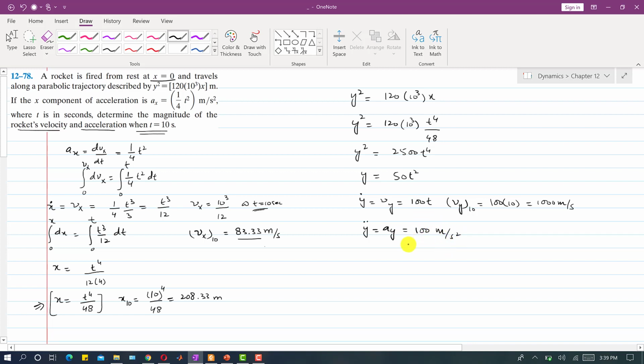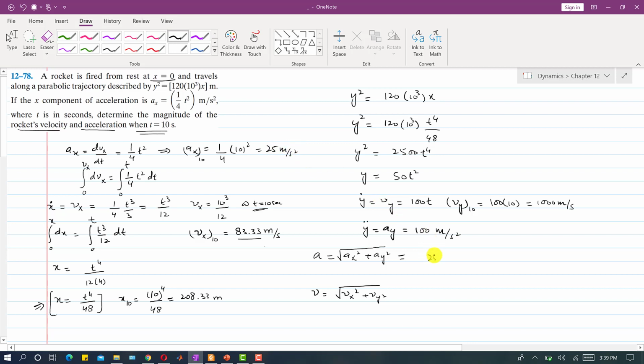Now we are asked to find the magnitude of the acceleration and the velocity. The total acceleration will be the square root of ax squared plus ay squared, and similarly the velocity magnitude will be the square root of vx squared plus vy squared. ax after 10 seconds will be 1 divided by 4 into 10 squared, so 10 squared is 100, and 100 divided by 4 is 25 meters per second squared.